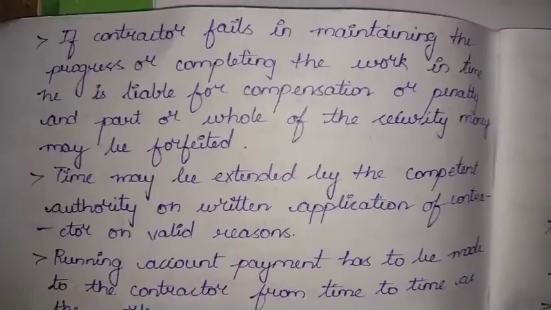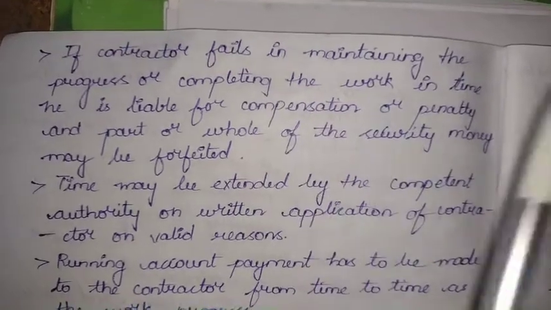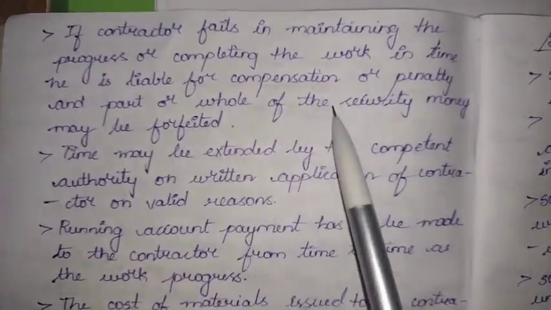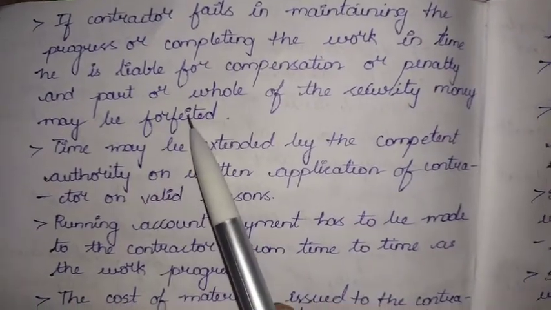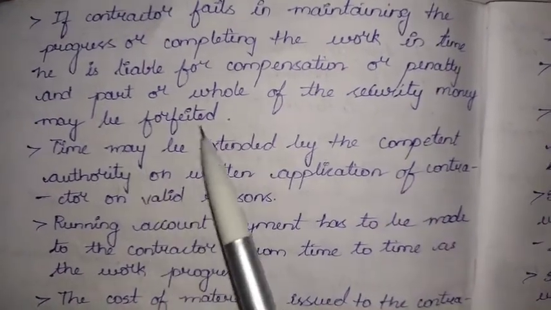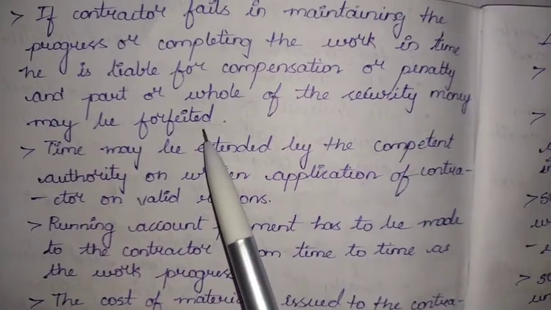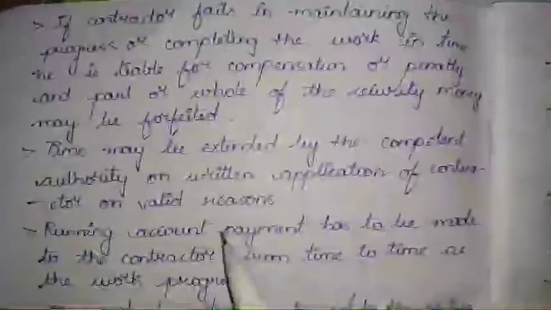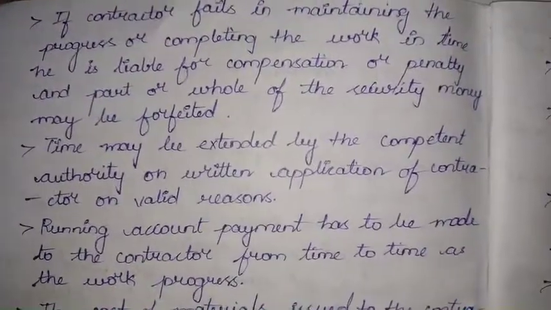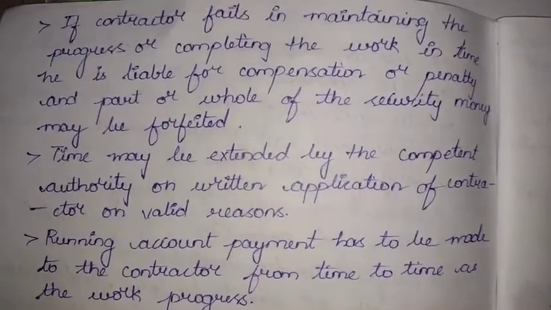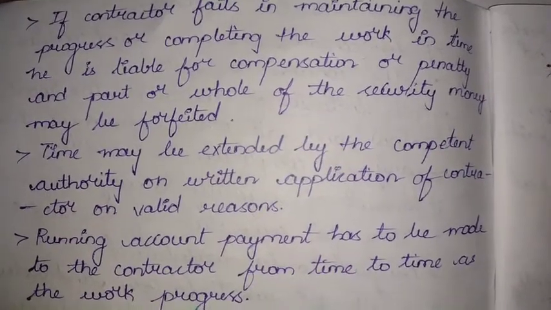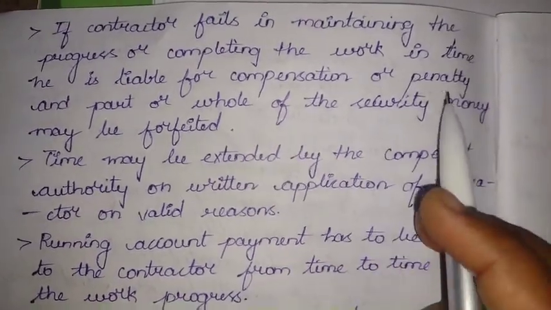If the contractor fails in maintaining the progress or completing the work in time, he is liable for compensation or penalty, and any part or whole of the security money may be forfeited. We discussed this in our previous points also. Whenever we fail to satisfy the conditions that are already accepted, we will have to pay some penalty.